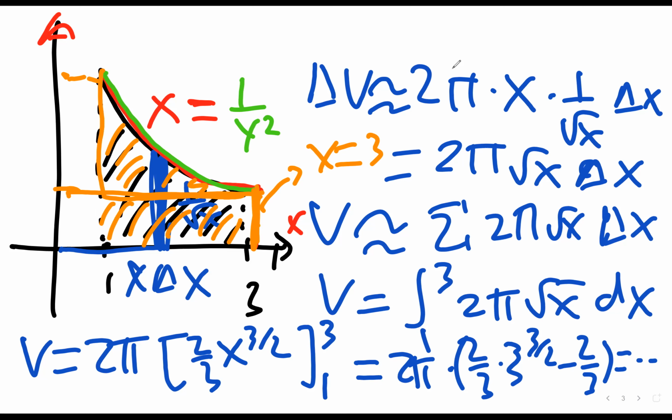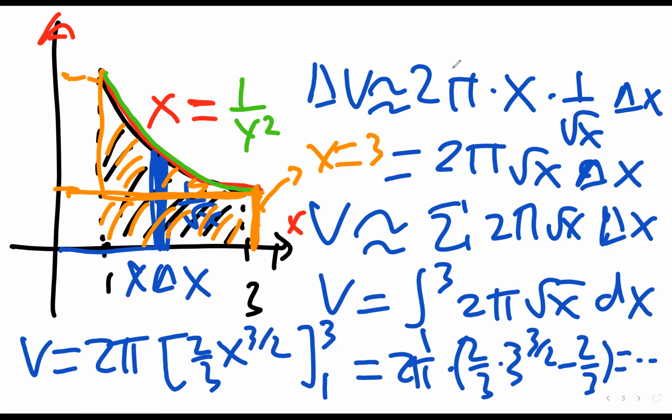So you'll see that the method of shells in some cases can simplify our calculation compared to the method of disks or washers. The method of shells in this case is a simplification, just calculating one integral only. In general, you have to decide which one is the suitable method, either disks or washers.